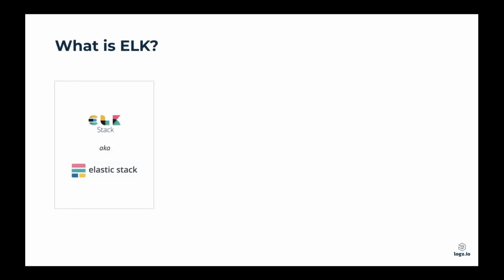Just in case some of you guys are new to ELK, a brief explanation of what ELK actually is. ELK is an acronym for the three main building blocks comprising the stack. The E, of course, stands for Elasticsearch, the heart of the stack, a full text search and analysis engine based on Apache Lucene, completely open source, of course.